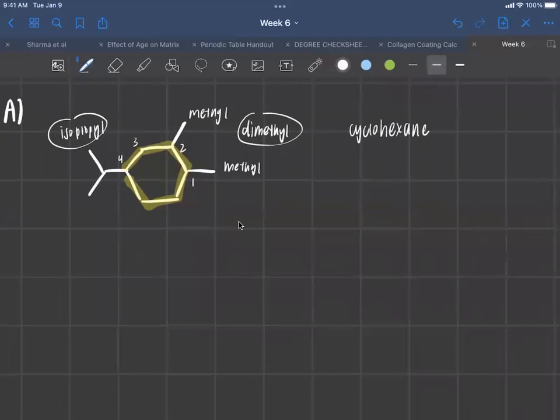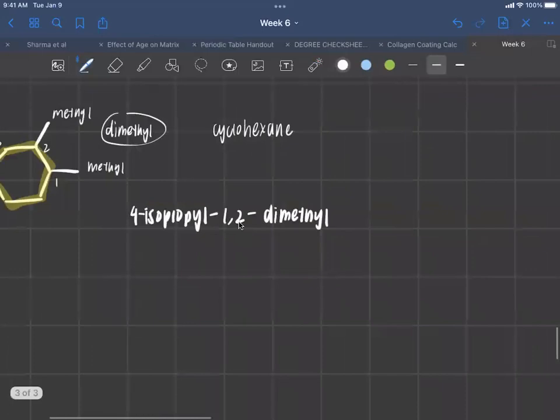It's on carbon 4, so 4-isopropyl. Then we have 2 methyls, so we have them on carbon 1 and 2, so 1,2-dimethyl. That's all of our substituents, so we can go ahead and just slap on our parent chain. So we have 4-isopropyl-1,2-dimethylcyclohexane.